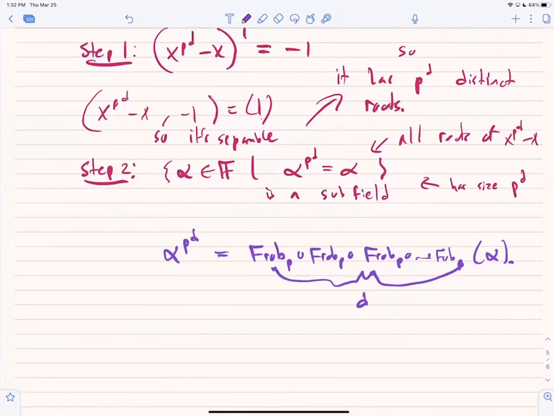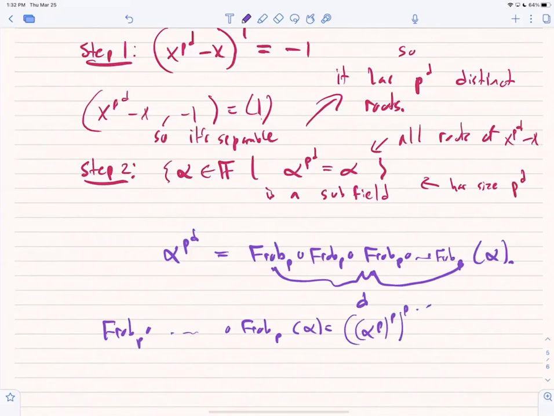If I take Frob_p, it first sends alpha to alpha to the p, then to alpha to the p to the p, and so on. So this is equal to alpha to the p to the d.